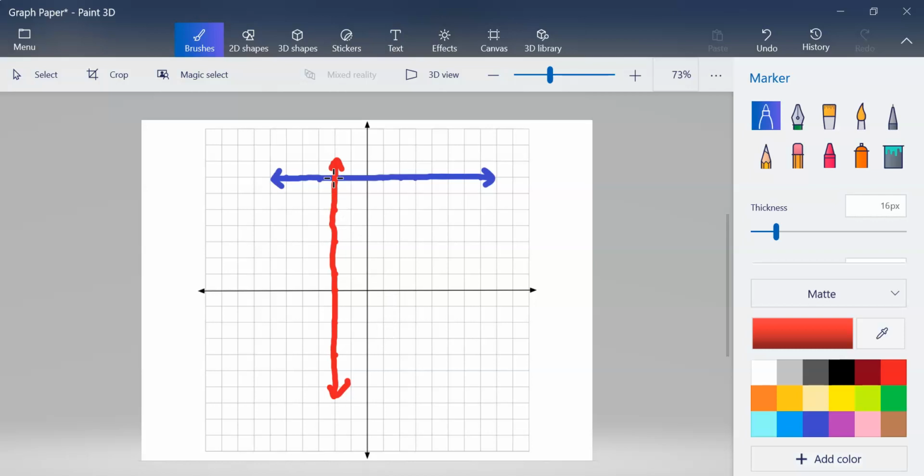By the way, this vertical line doesn't have a really good way to put it into slope-intercept form. But remember, the slope in particular was the change in y over the change in x. That's why this blue line, the y equals 7 line, had slope of 0.